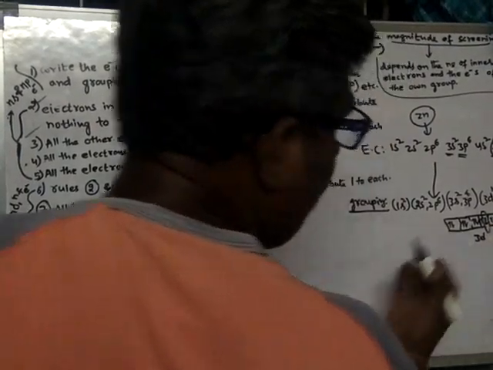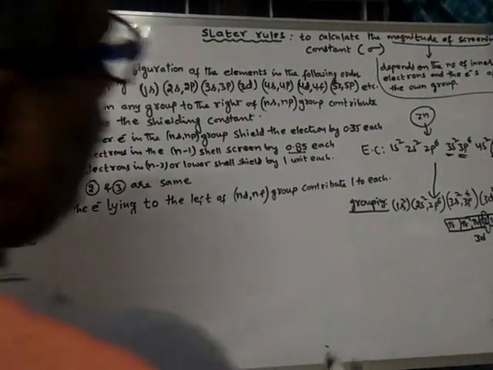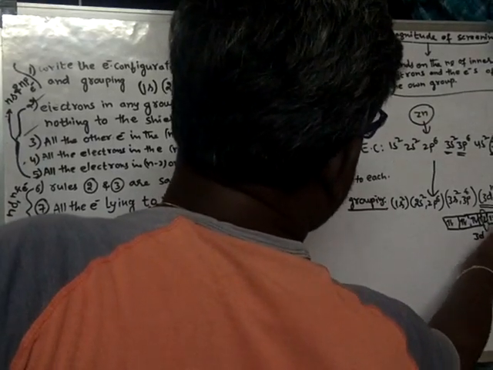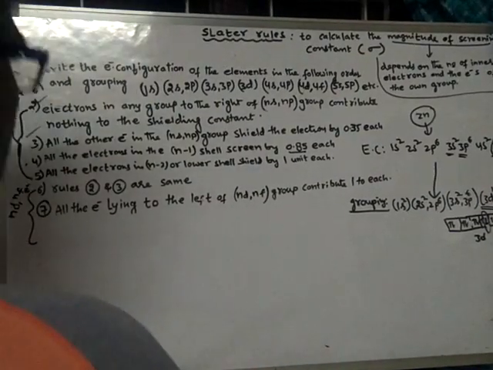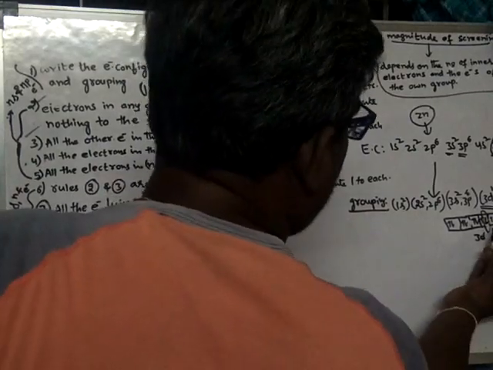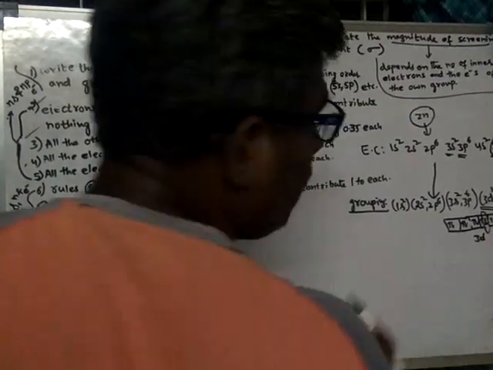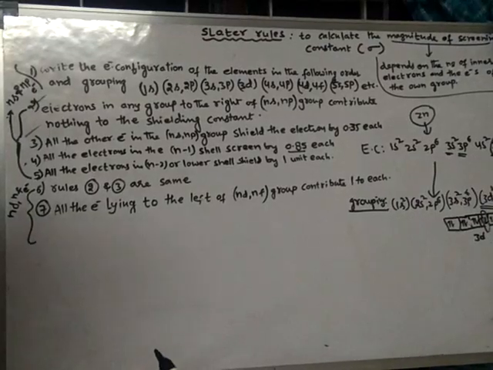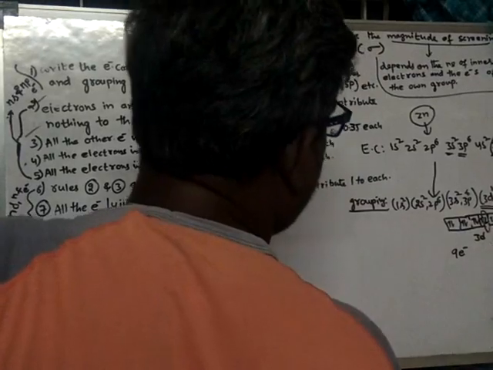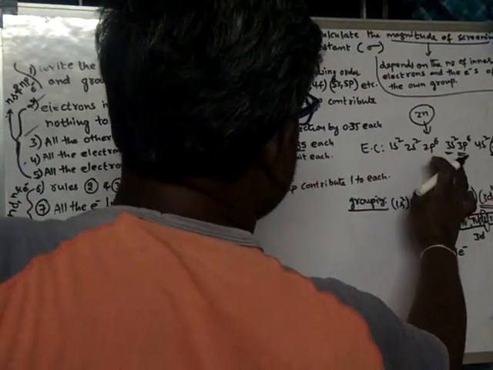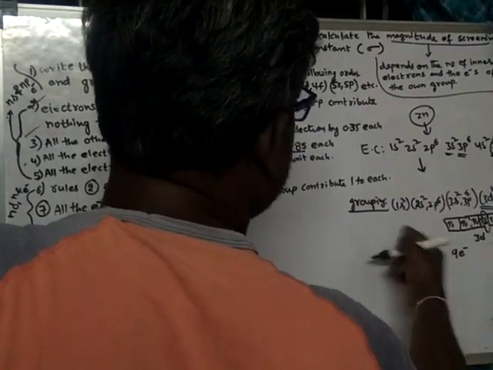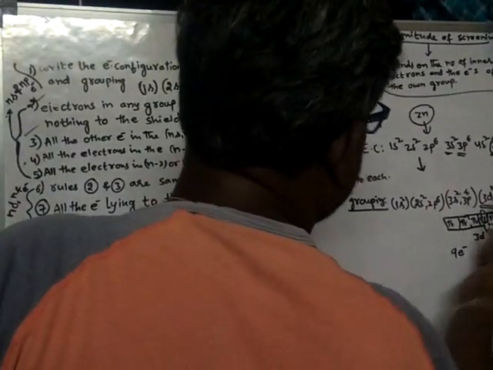We have to exclude that electron and see how many electrons are in this group. There are 10 electrons in the group, so excluding this one, 9 electrons are left over in the same group.